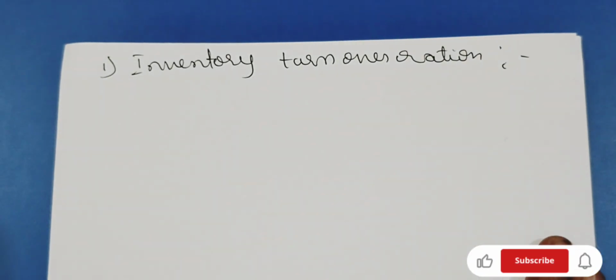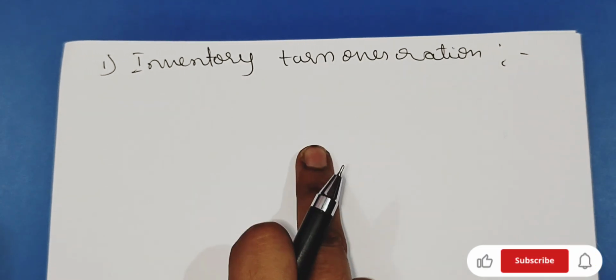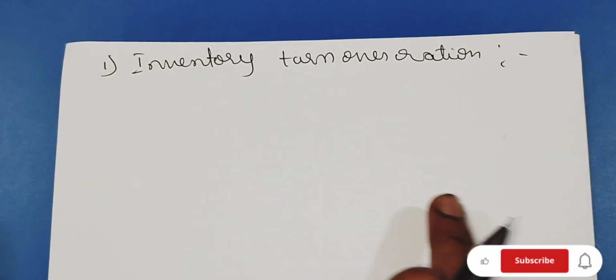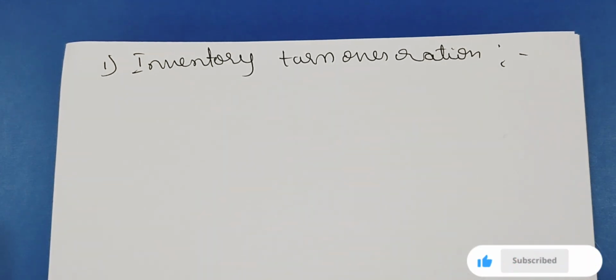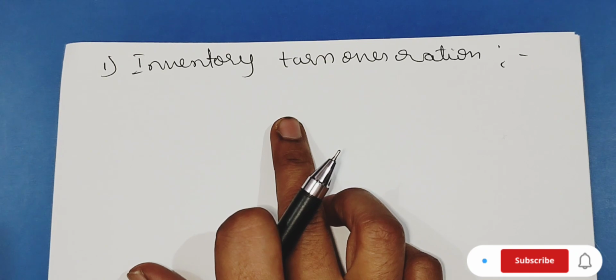This inventory turnover ratio helps us to understand how many times we can convert the inventory into finished goods, then to generate revenue from the operations. And this also helps us to measure the liquidity also.